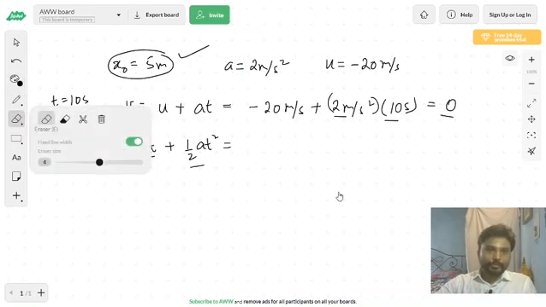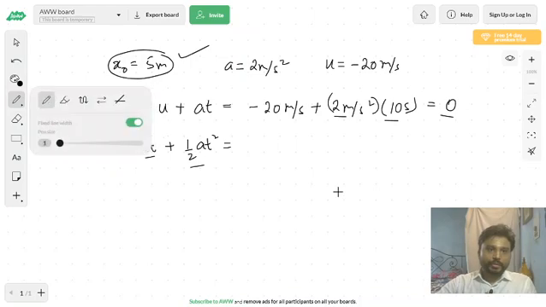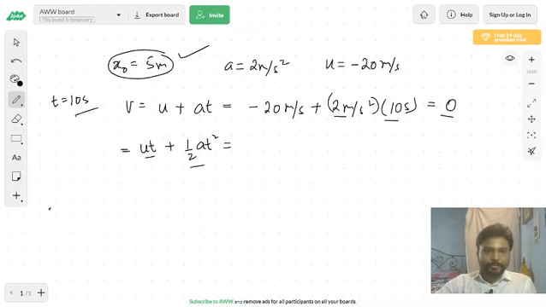What we should be using is that the final position of the particle minus the initial position of the particle, the displacement, is equal to ut plus half at square.